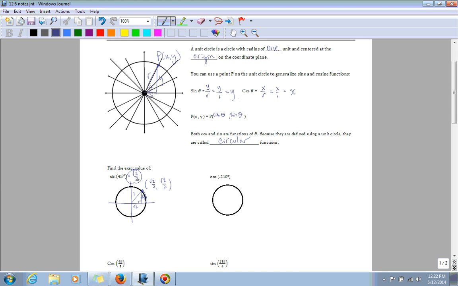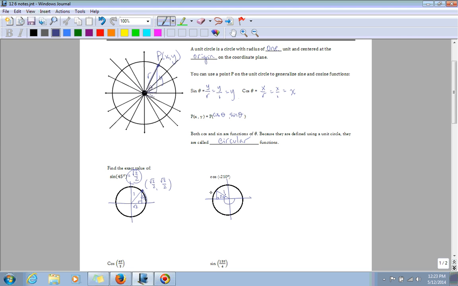Cosine of negative 210 degrees goes in the negative direction around your circle until you hit into the second quadrant. The reference angle at that point, how many degrees you went past the 180 degree line, is 30 degrees. That means you're looking at a little 30, 60, 90 triangle. Across from the 30 in the unit circle, the radius is 1.